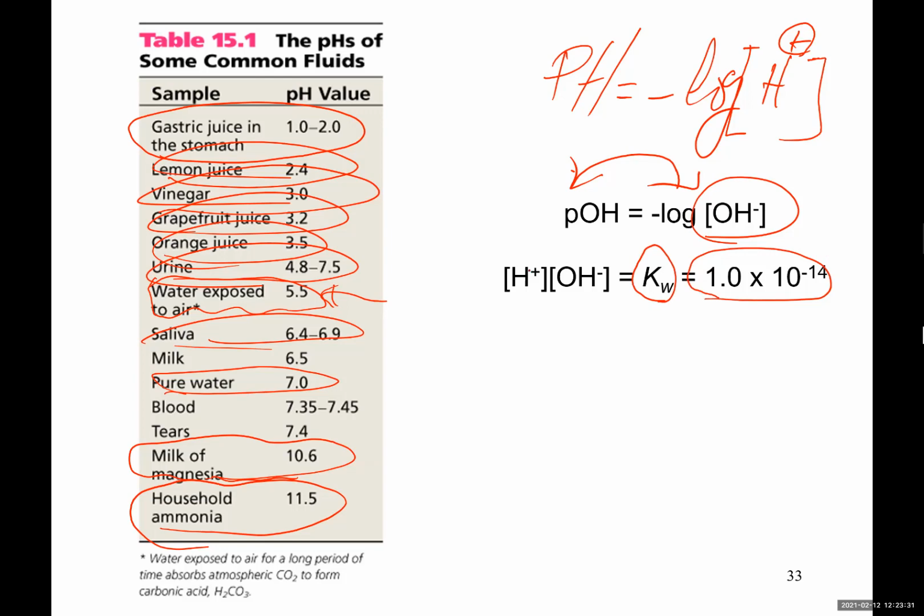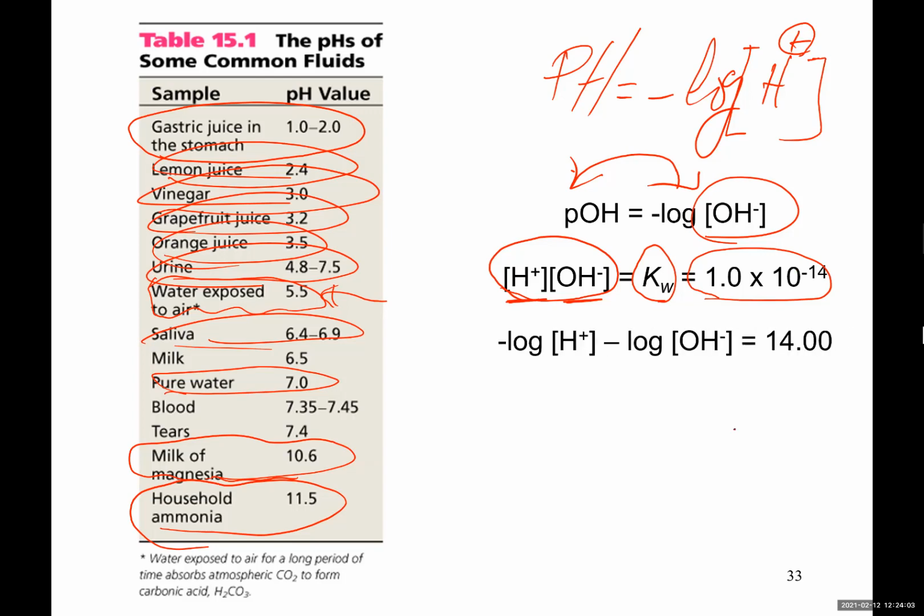And we also said that for any aqueous solution, anywhere you have water as the solvent or pure water, there is always enough hydrogen ion and enough hydroxide ion that if you multiply the concentration of these two, it is always going to be a fixed amount, at room temperature 1.0 times 10 to minus 14.